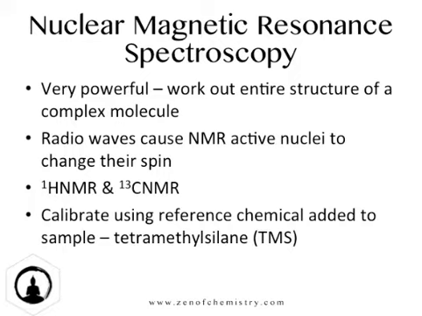So not every atom is NMR active. The ones we're looking at in this scenario are for HNMR, so proton NMR, hydrogen NMR. So it's the isotope hydrogen-1. And then we're also looking at carbon-13, so not the most abundant carbon isotope, carbon-12. Carbon-12 is not NMR active, whereas carbon-13 is.